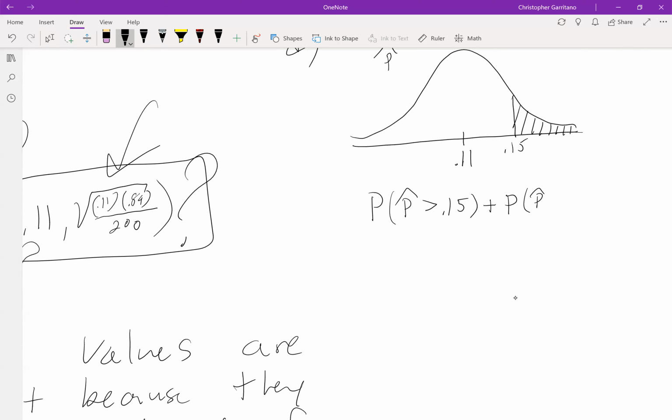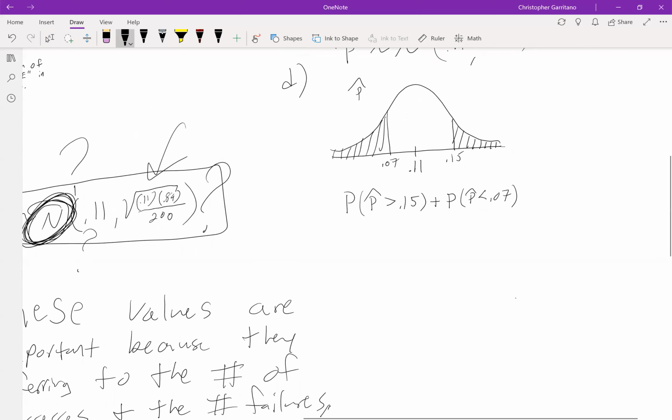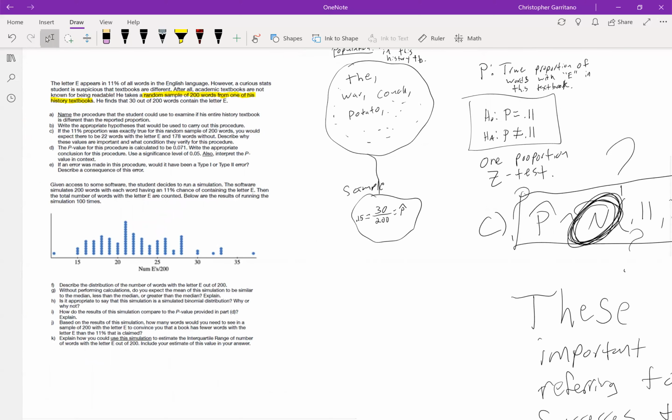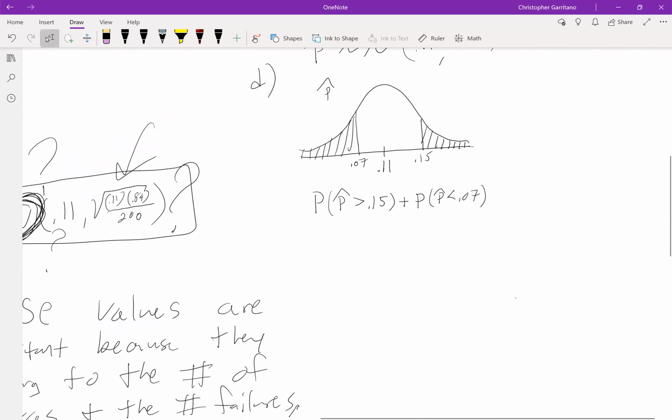If we want to go as extreme in the other direction, we're going to go 0.04 to the left, which would bring us to 0.07. And we're being told that this number is 0.071. And this is your p-value.